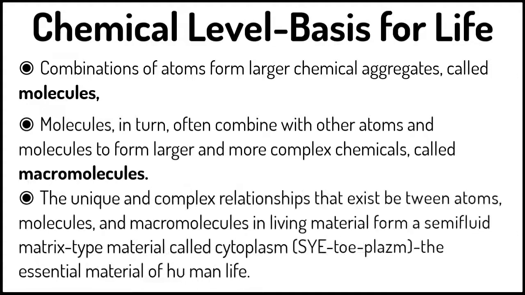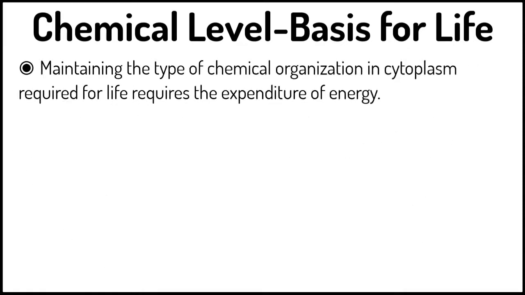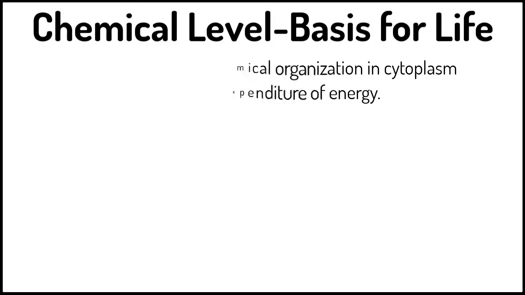The unique and complex relationships that exist between atoms, molecules, and macromolecules in living material form a semi-fluid matrix-type material called cytoplasm. Cytoplasm is the essential material of human life. Maintaining the type of chemical organization in cytoplasm required for life requires the expenditure of energy.